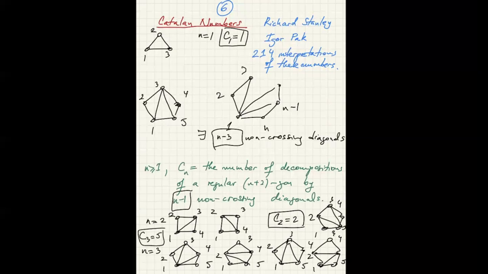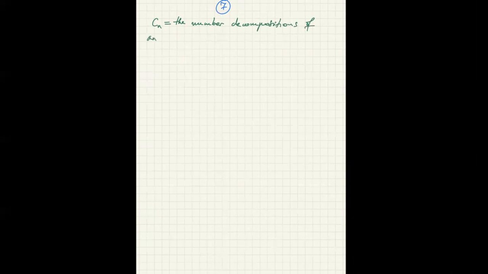Okay. All right. What about higher values? So let's keep track of them somewhere. So again, let me write it here so that we remember Cn, the number of triangulations of a regular n plus 1 polygon by n minus 1 non-crossing diagonals.